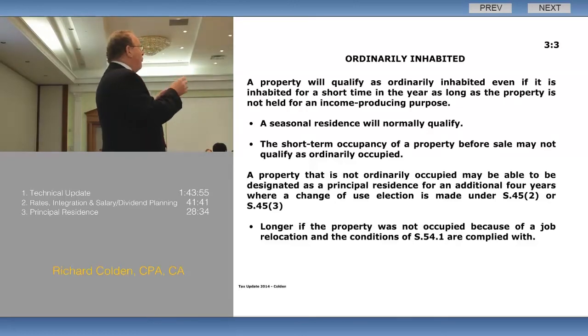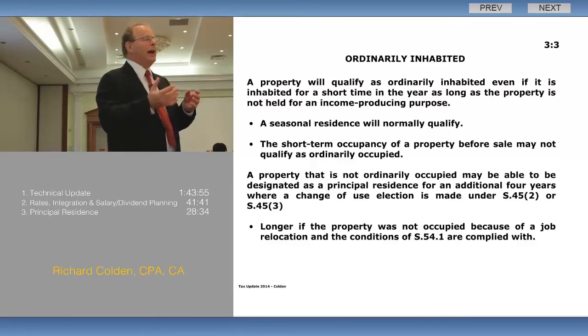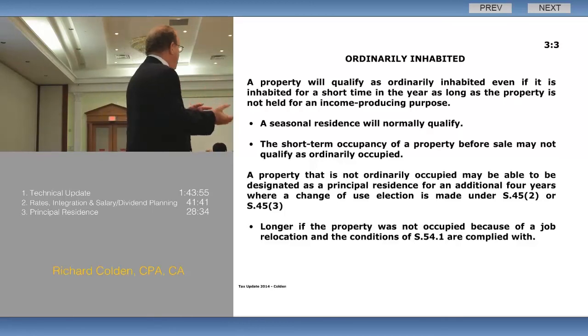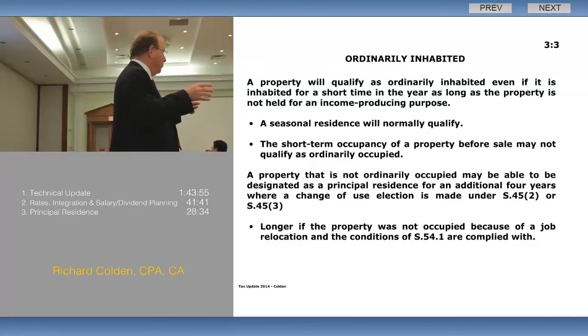In order to avoid that deemed disposition at market value, I can make an election under 45(2) to retain it as a personal use property. I still have to report the rental income, I just can't claim capital cost allowance. Side benefit on this is that if I make a 45(2) election, I can designate the Toronto house for up to another 4 years. But then I couldn't designate the house in Moose Jaw.